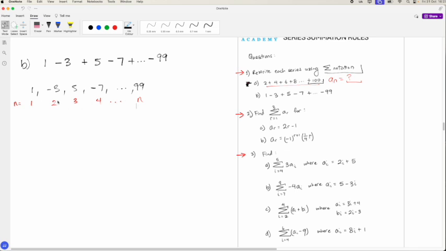If I try to find a common difference here, 1 plus what will give me negative 3? 1 plus negative 4 will give me negative 3. So negative 4 would be the common difference, but if I add negative 4 here, it doesn't get me to 5. 5 minus 4 does not get me to negative 7. So no, a simple common difference does not work here.